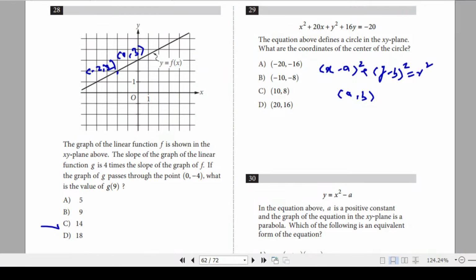x squared plus 20x plus y squared plus 16y is equal to minus 20.